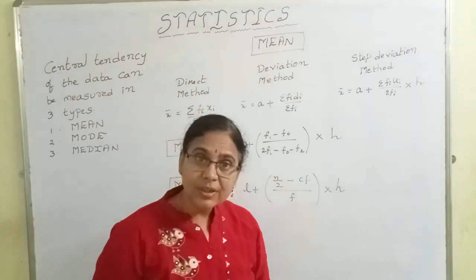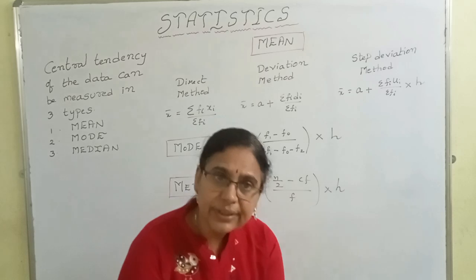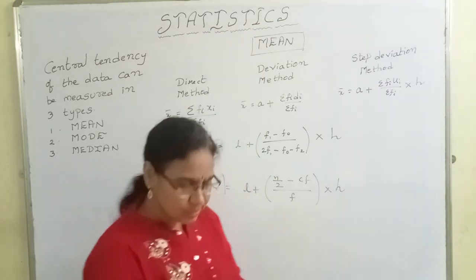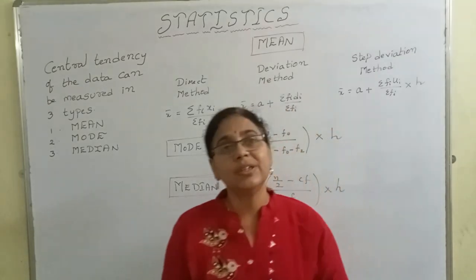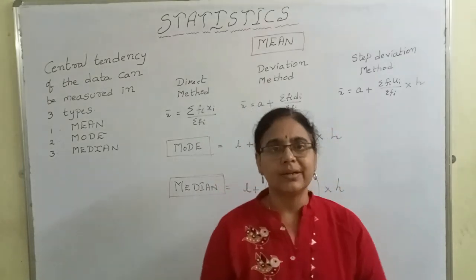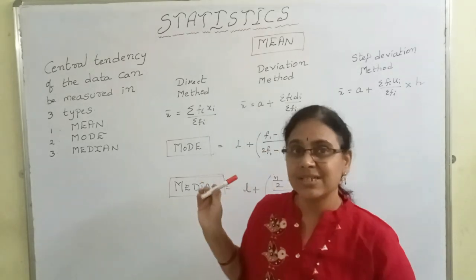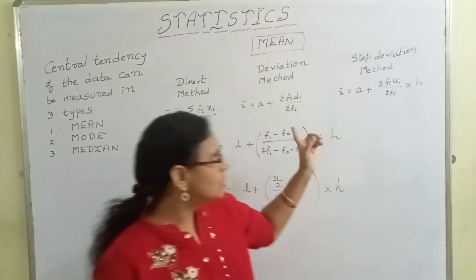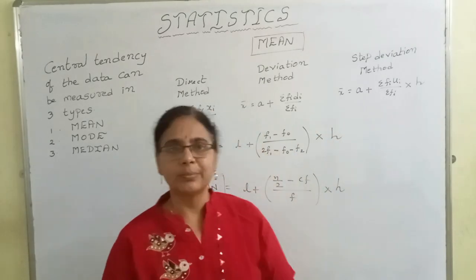Is it required to apply only the direct method, or only the deviation method, or only the step deviation method? I will explain all three methods. Follow whichever method you feel comfortable with. Generally you will feel the direct method is easy, but deviation and step deviation are comparatively more comfortable.